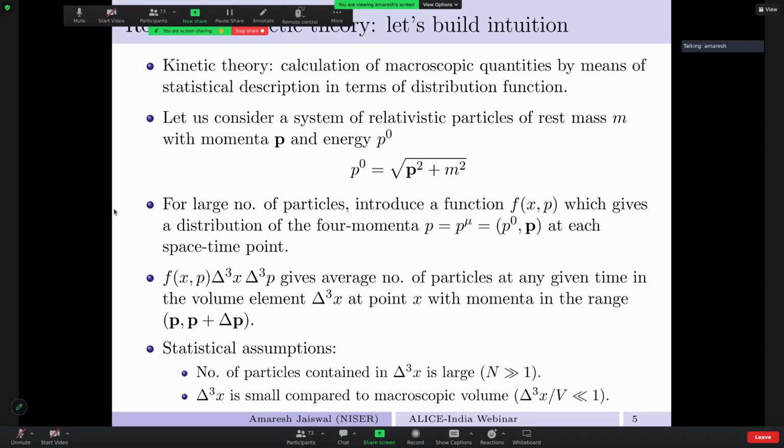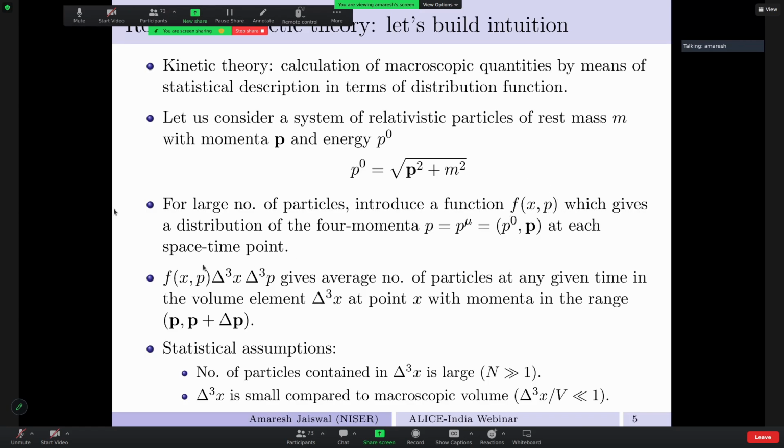So I will start with something which I will assume everyone is familiar with, the phase space distribution function for a relativistic particle. Okay, so this is the energy momentum relation for the relativistic particle. P0 is the zeroth component of the 4 momentum vector, which is the energy of the particle, and f of x,p is the distribution function.